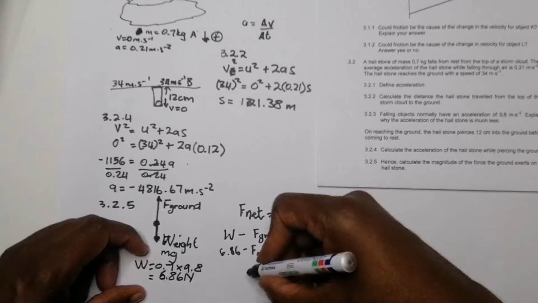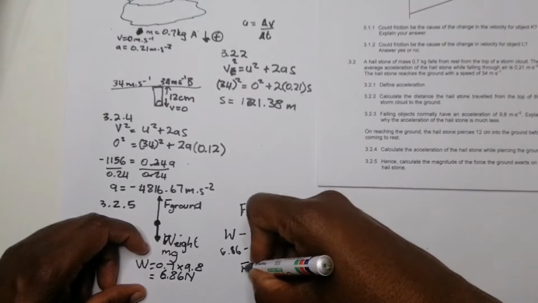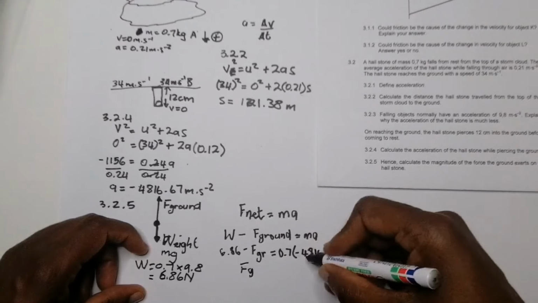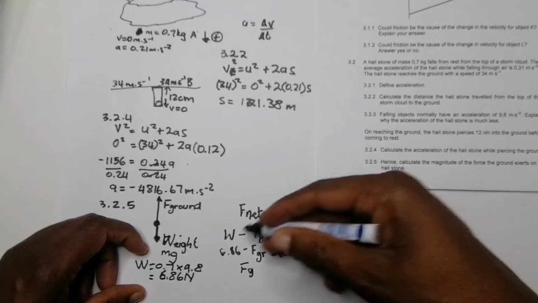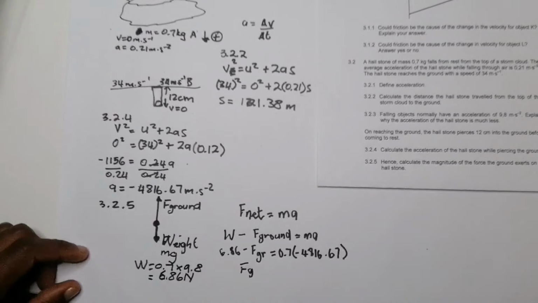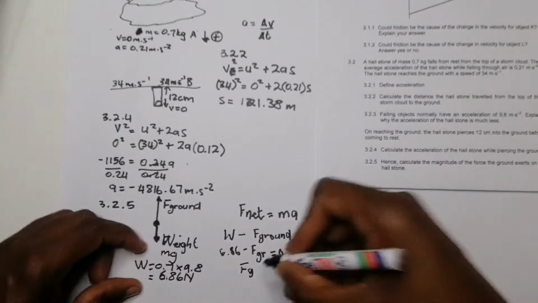In this case it means that the force that the ground exerts, if I take that to the other side, it becomes positive. If I take this to the other side, it also becomes positive. So I'm going to add it to that 6.86.